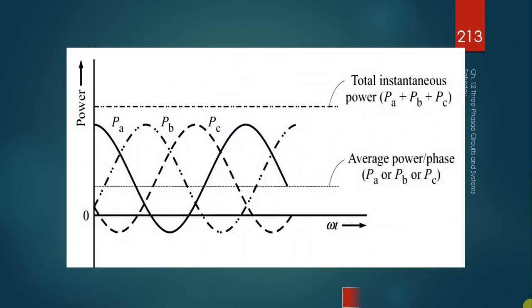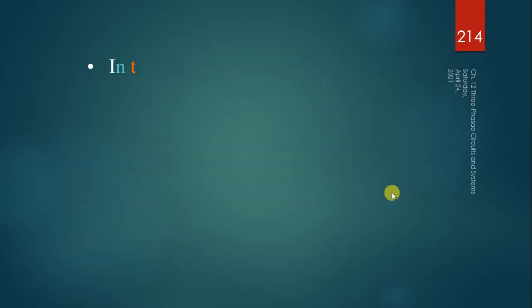So what is this total instantaneous power? It is a combination of power that is generated from A phase, B phase and C phase, right? What is average power per phase? It is either PA or PB or PC. That is the average power, right?